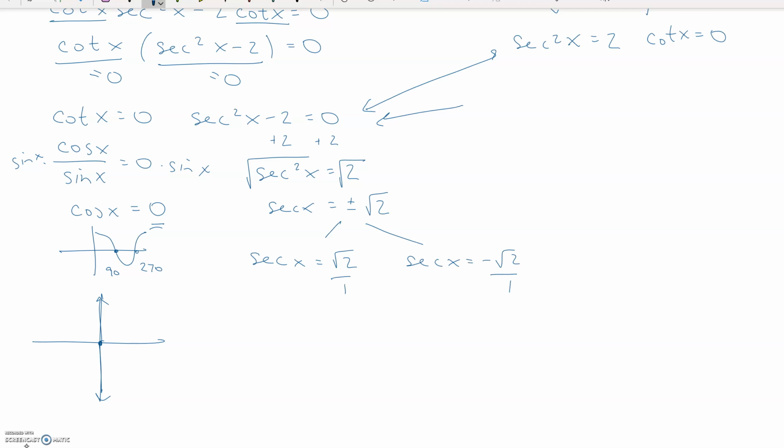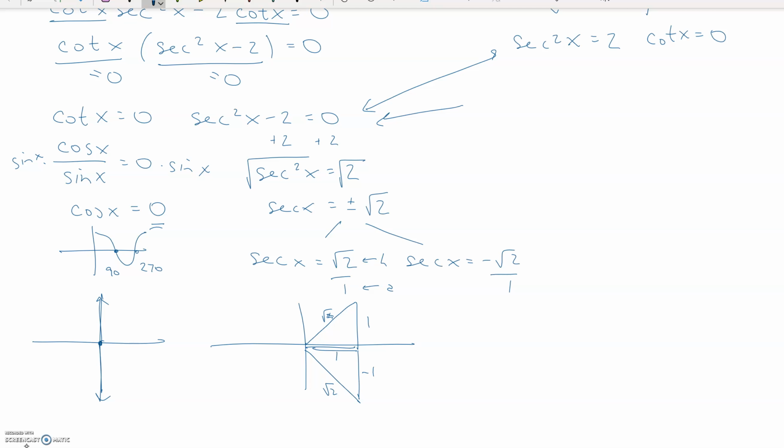Putting both over 1, I have hypotenuse over adjacent. That could happen with a hypotenuse of rad 2 and an adjacent of 1. That's a 1, 1, square root of 2.